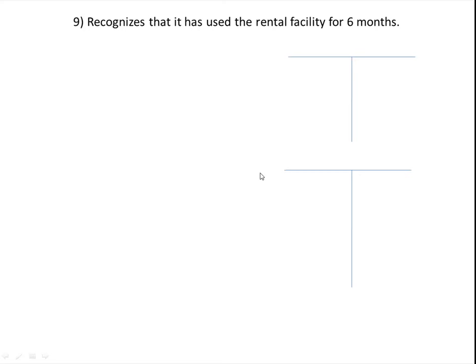The second adjustment that we had to do was recognizing that we had used the rental facility. Way back when, we had debited prepaid rent for $12,000 when we credited the cash, saying this isn't rent expense, it's not rent expense until we actually use it. For now, it's just an asset. Well, guess what? We've used it.